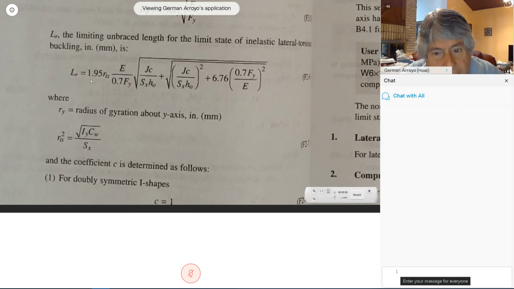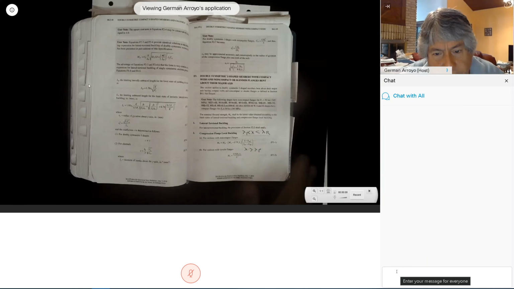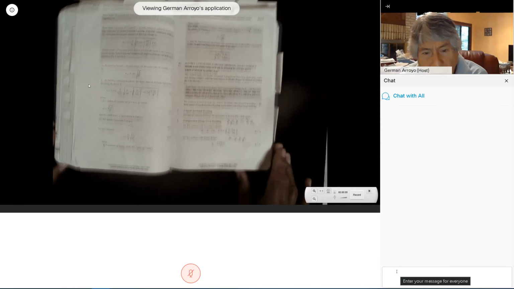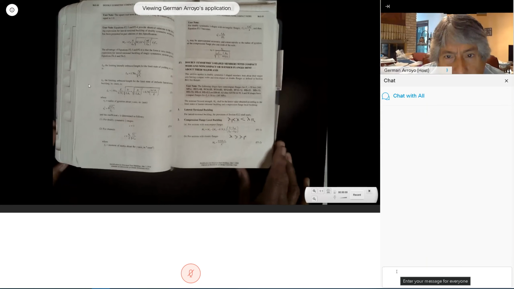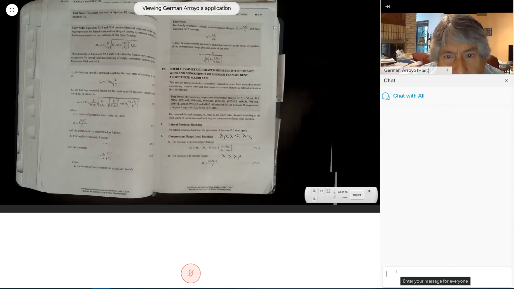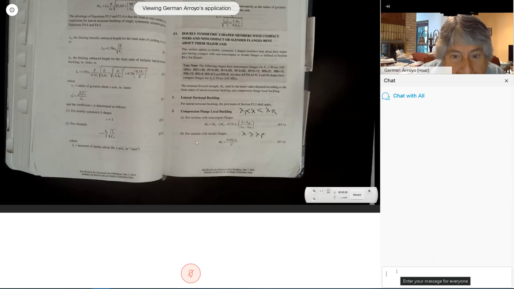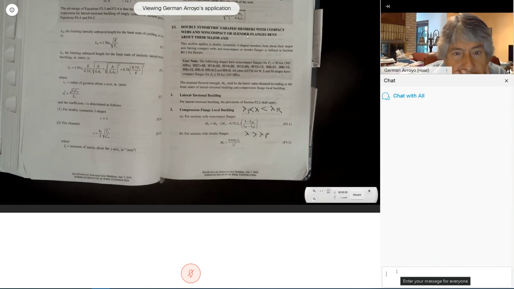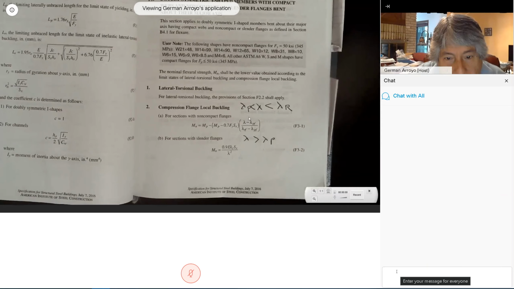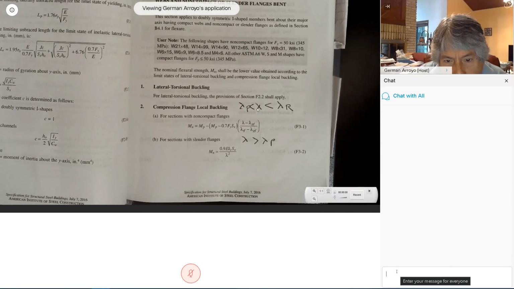In addition to lateral torsional buckling, on the next page, 16.149, we have, whenever we have a problem with the flange, when it's non-compact or slender, this is why we know that lambda larger than lambda sub p and lambda sub r.